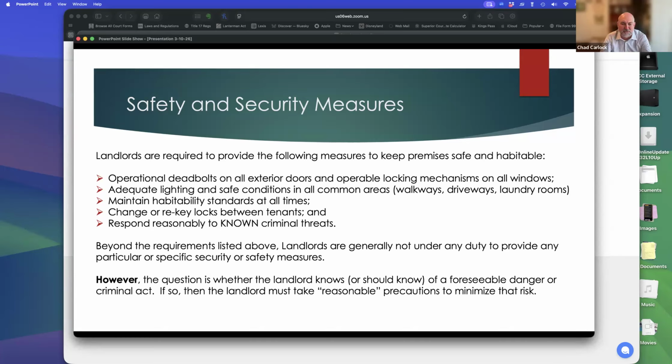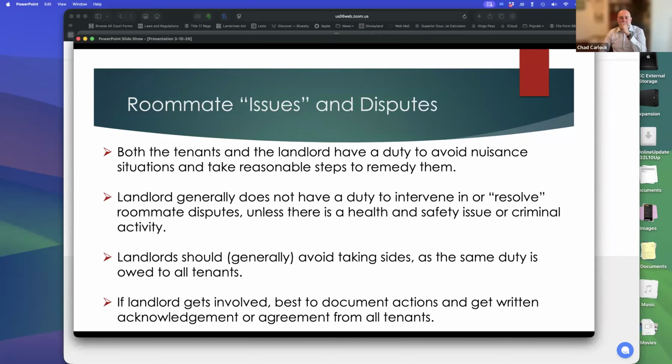Generally, criminal acts are not foreseeable in terms of theft or crime or that sort of thing, unless there's a specific history at that property, for example, or proximity to a certain risk that you're aware of. If those sorts of things are there, then the landlord still does have a duty to take reasonable precautions.